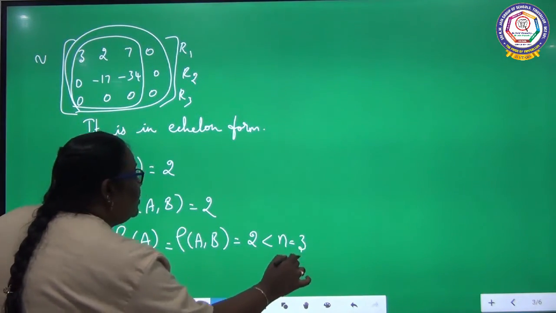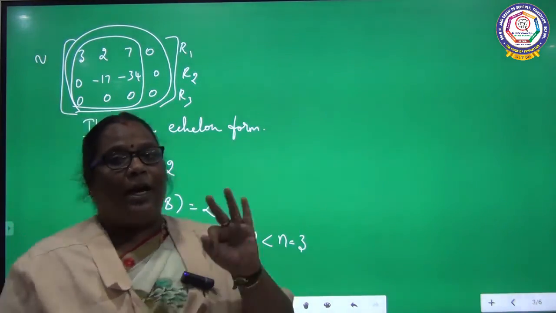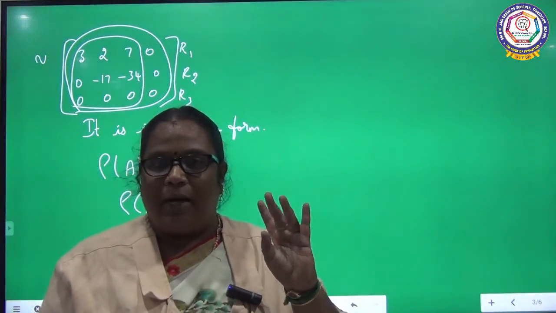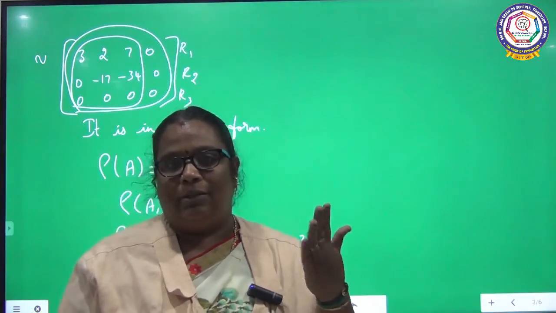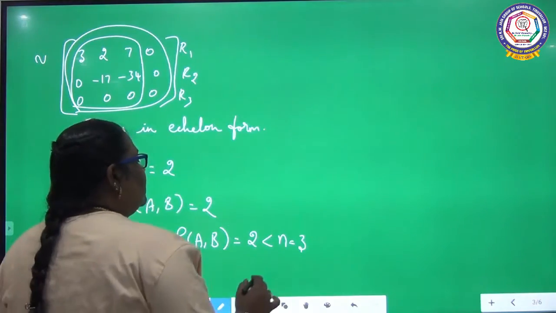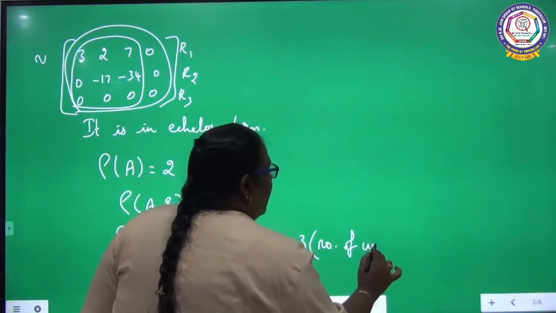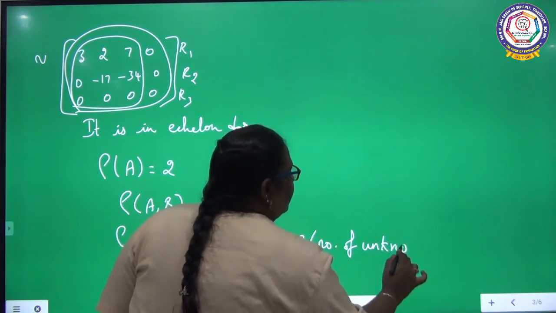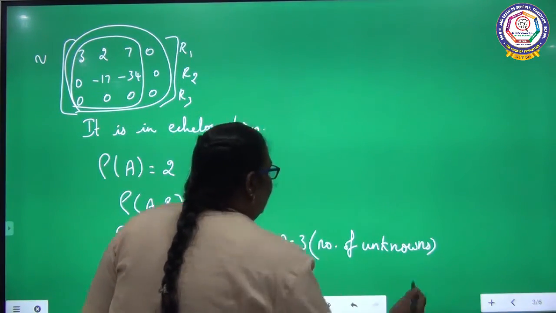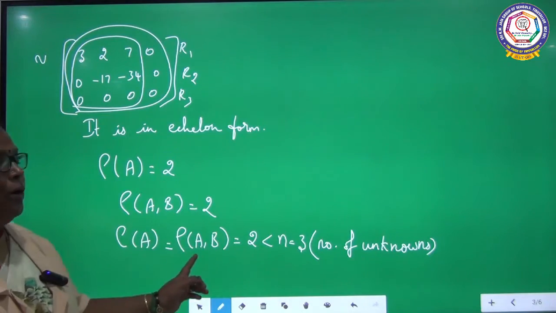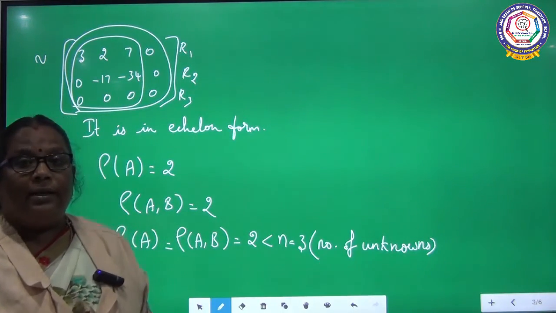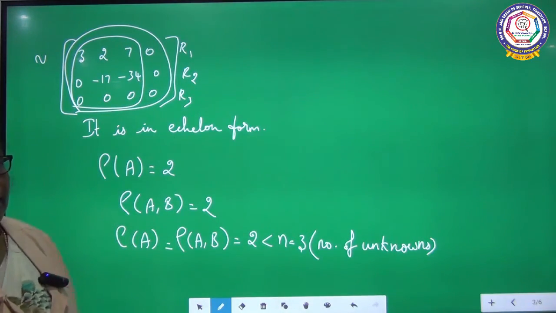What is the n value here? 3, because we have 3 variables x, y and z, 3 unknowns. So less than 3, the number of unknowns.